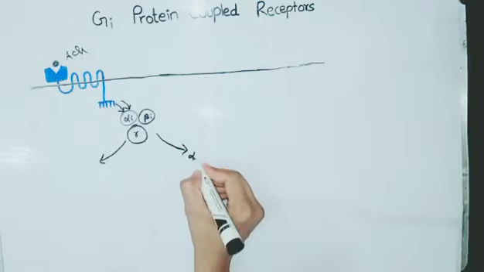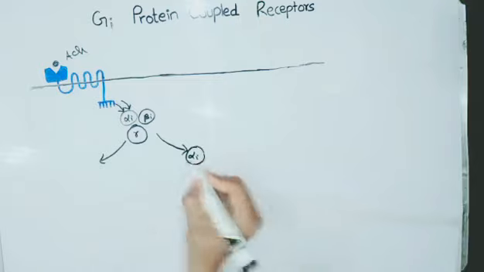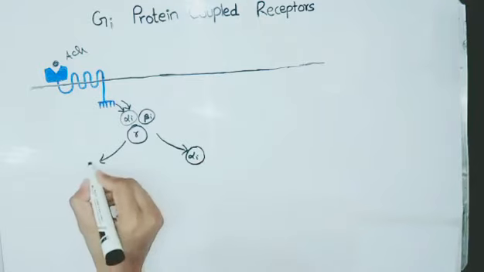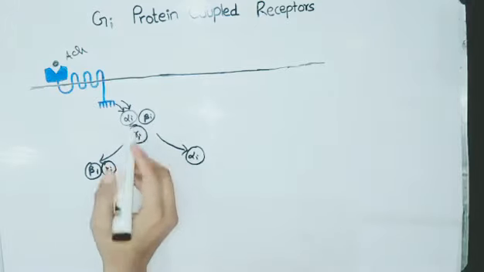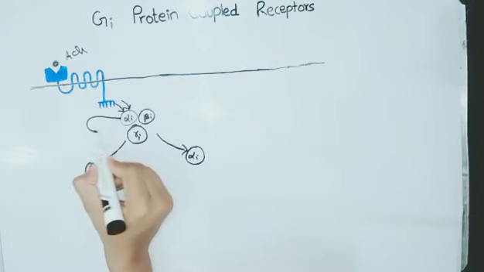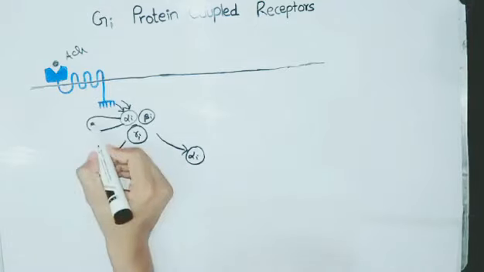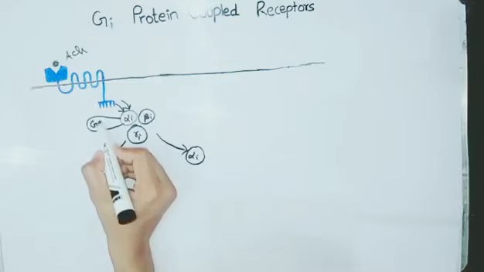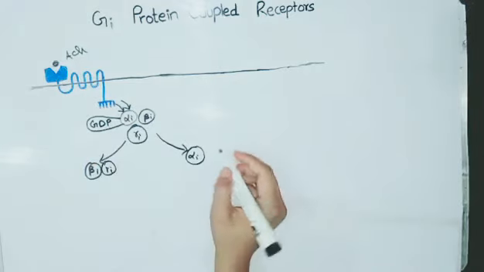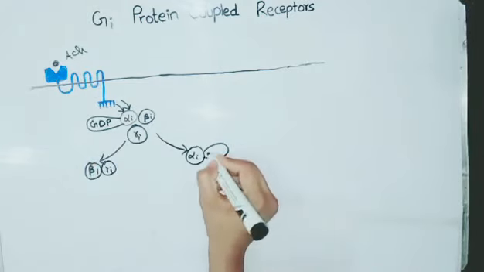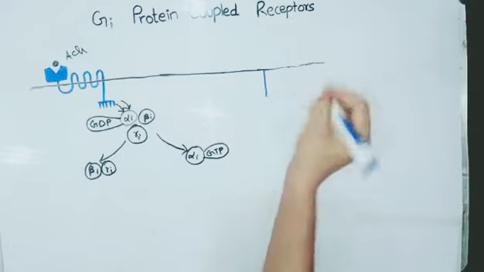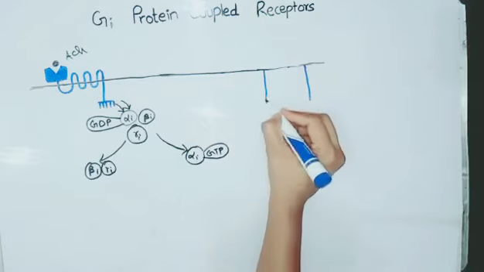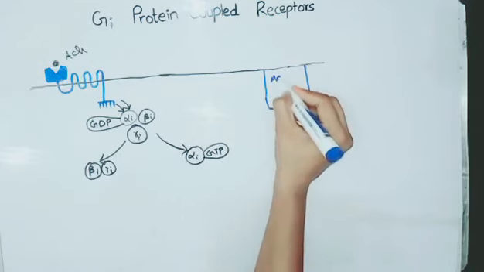Just like G stimulatory protein, the alpha subunit detaches itself from the beta and gamma subunits. Here the alpha subunit was inactivated and had the low energy molecule GDP. Now it is activated and it has the high energy molecule GTP, and this will now go to its effector protein, which in this case is also adenylyl cyclase.